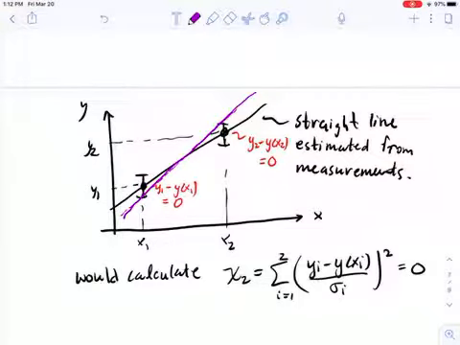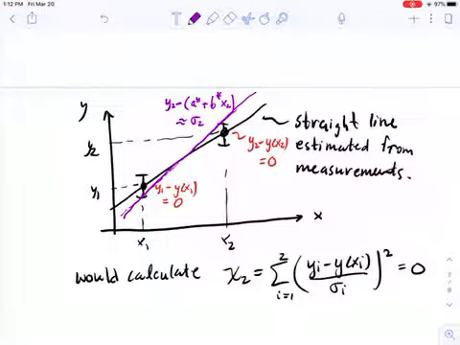And if we did this using, say, y2 minus the true intercept plus the true slope times x2, that would be about equal to sigma 2.